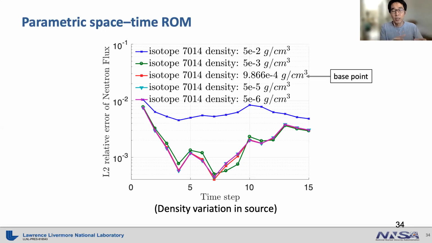So you can think of a time-windowing space-time reduced model, where in each time window you build a local space-time ROM, and the division of the time windows depends on those multi-rates and the time stepping. That's one option.